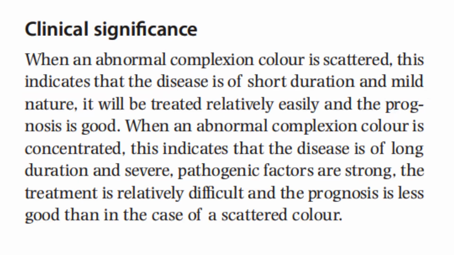When an abnormal complexion color is concentrated, this indicates that the disease is of long duration and severe. Pathogenic factors are strong, the treatment is relatively difficult, and the prognosis is less good than in the case of a scattered color.